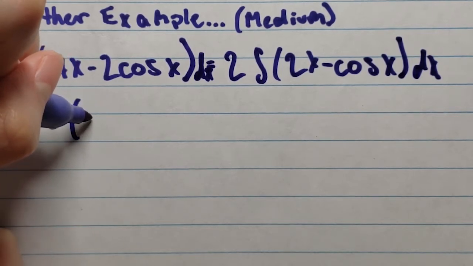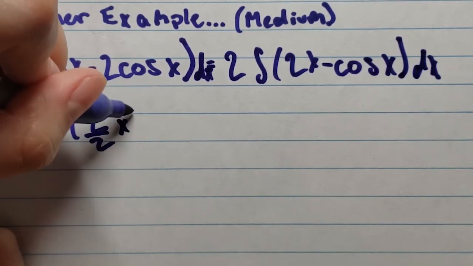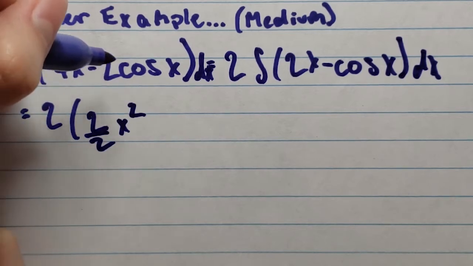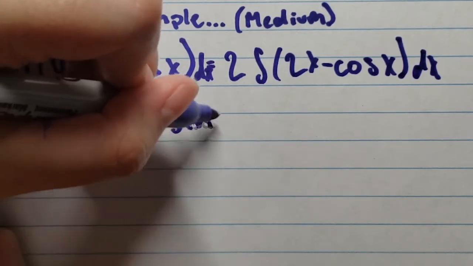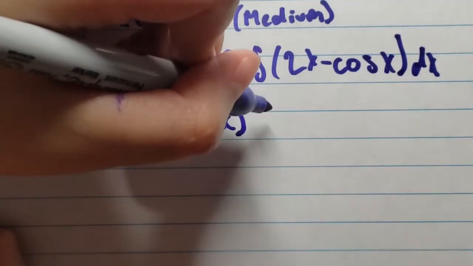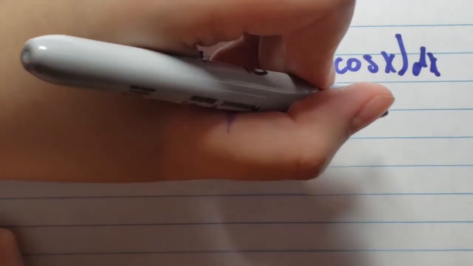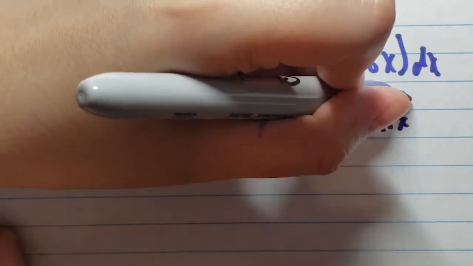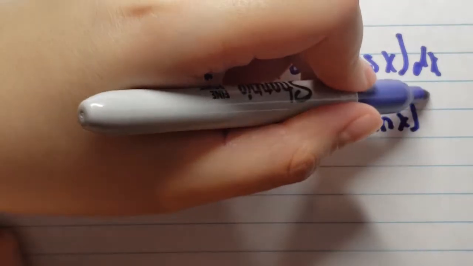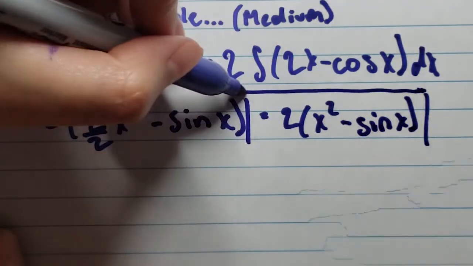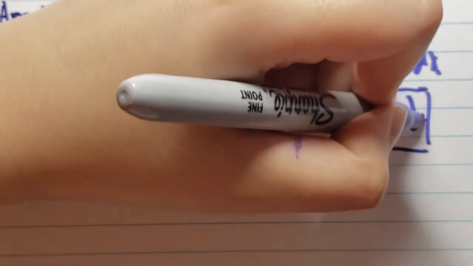So what you would do here is factor out the 2 and then solve it as so. From this point onwards, you are also using the rule as previously mentioned in the slideshow, where the antiderivative of cosine is sine. So doing so, you would get this solution plus c.